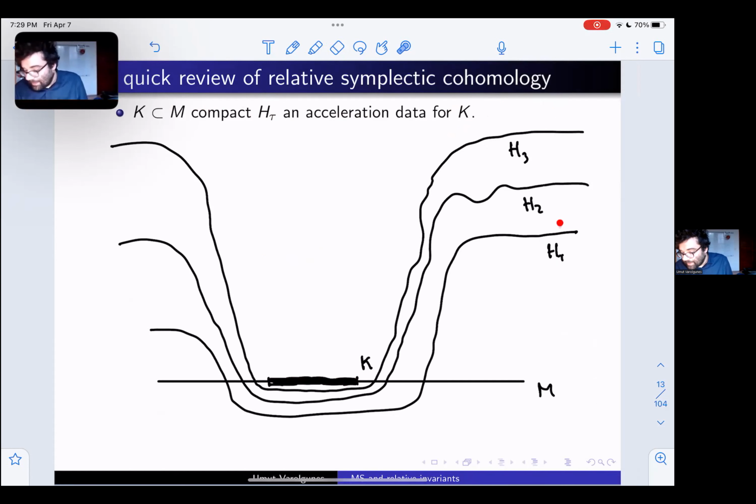I also have to pick some interpolating data, and other things like almost complex structures, but the basic data is a sequence of functions that converge to 0 inside K and plus infinity outside K.